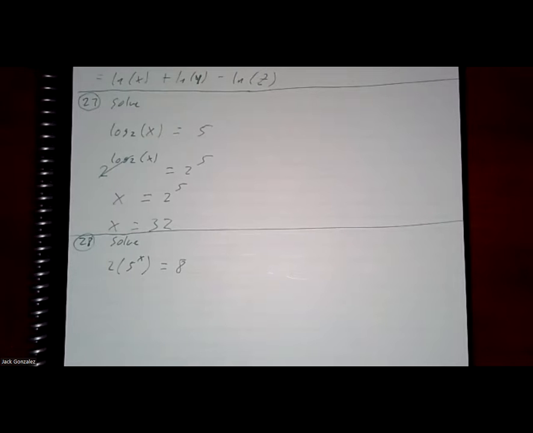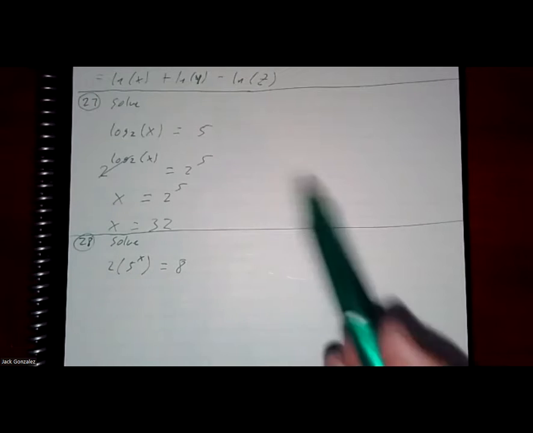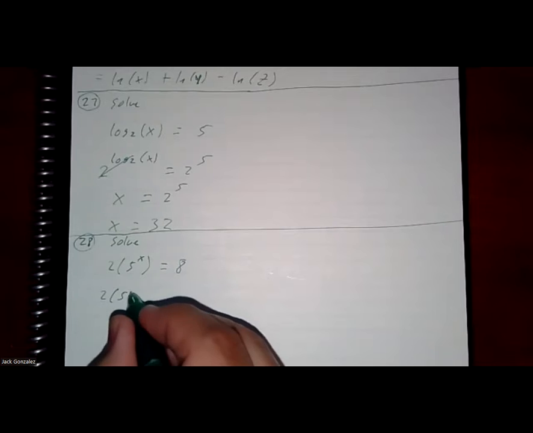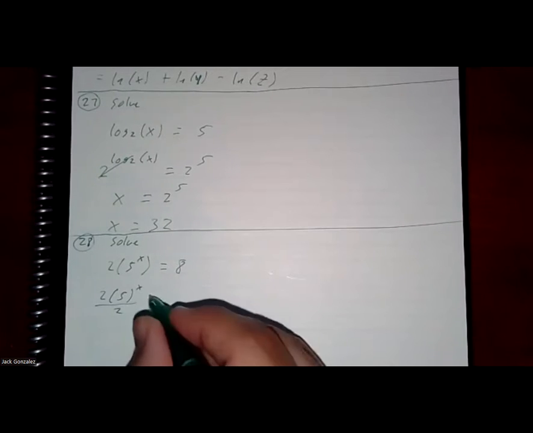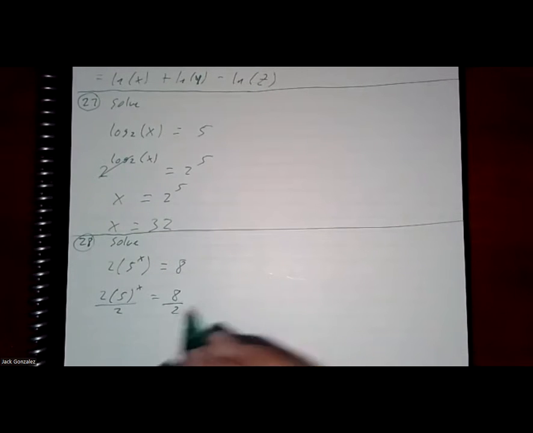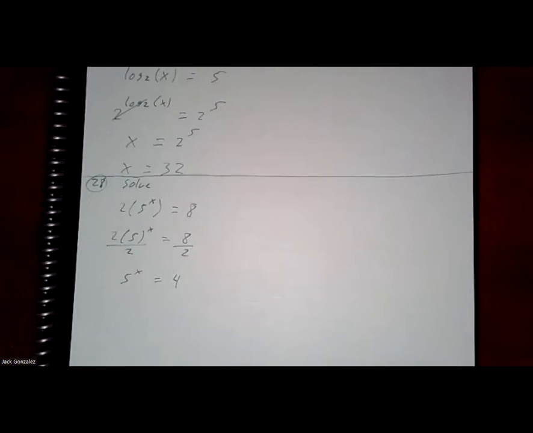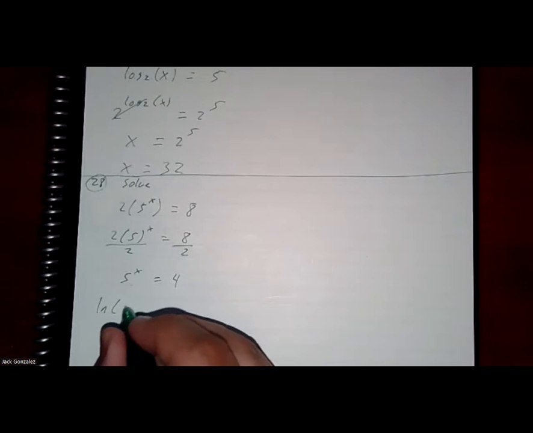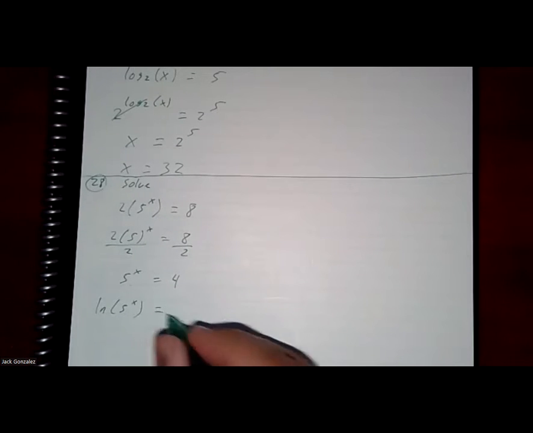All right, let's do another one. So here we'll have solving an exponential equation. We need to solve for this x. So in order to bring a power down, you need to introduce logarithms. So this time we're going to do the opposite. So first step, divide by 2 on both sides. And we get to here. Once there's nothing in front, introduce a logarithm of your choice. I like ln, so there it is.